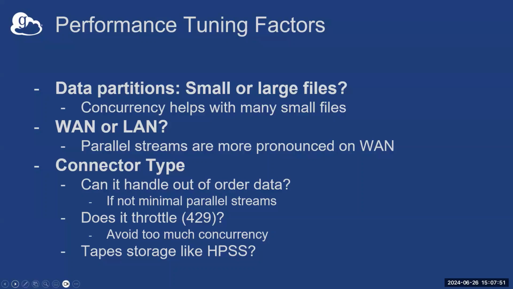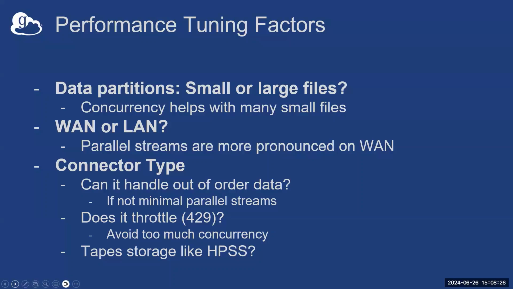We're going to send them an HTTP 429 and say, hey, come back later. So now that high concurrency is actually hurting you. Globus will still get your file there. We'll keep retrying until we get it, and we're going to get it there eventually. But that back off phase is going to affect your overall performance. And if you had a lower concurrency, it would have been faster. And then tape systems like the HPSS. Out of order and concurrency can hurt that at a certain phase, because if there's too many going on at once, there can be some tape contention in the whole system, and it doesn't love to be out of order.